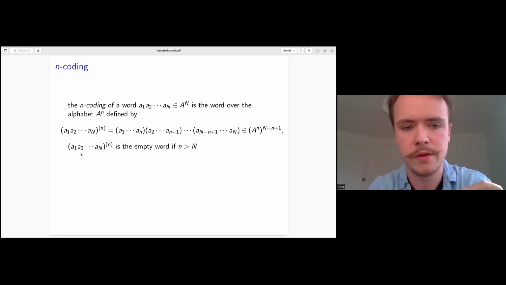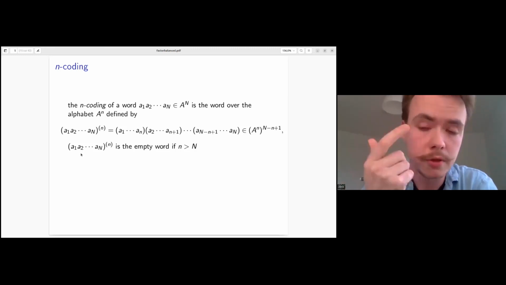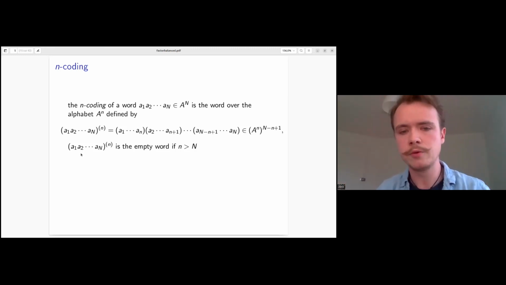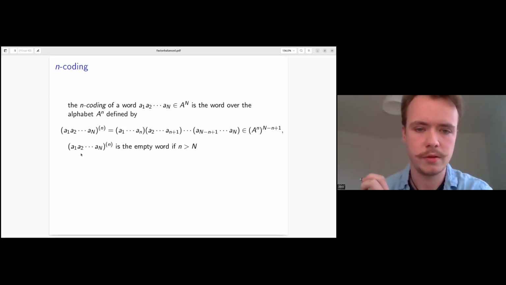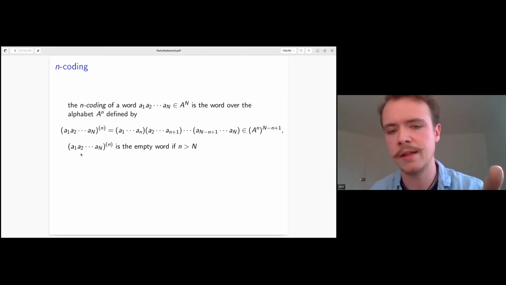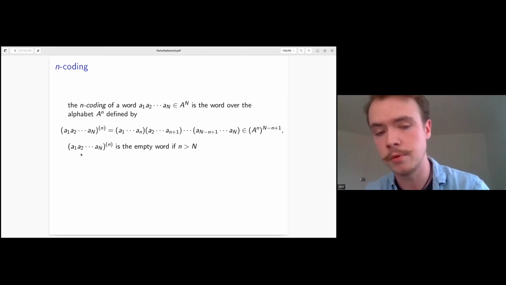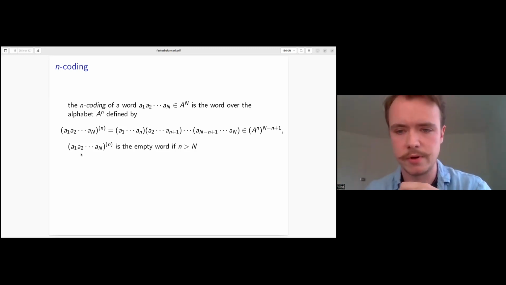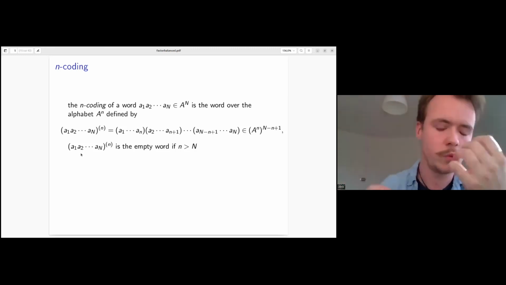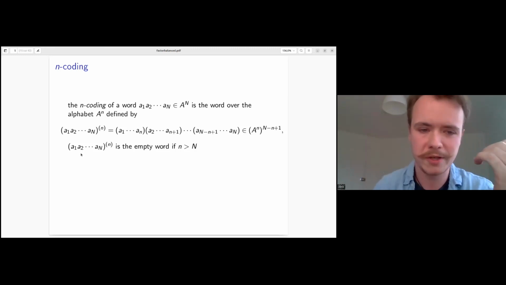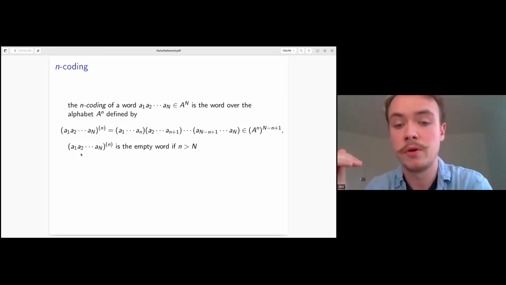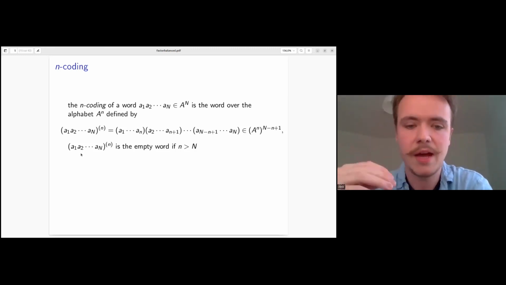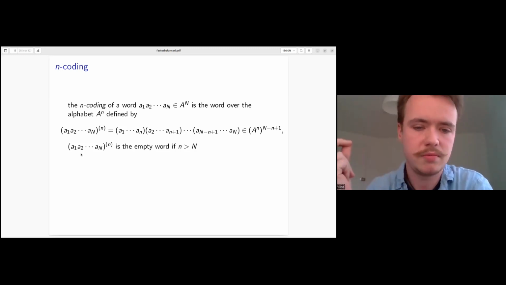The important notion to remember is that those chunks are overlapping each other. You don't take a_1 to a_n and then a_{n+1} to a_{2n}. You take a_1 to a_n and a_2 to a_{n+1}, etc. And to be more rigorous, if big N is smaller than small n, we say that the encoding of that word is the empty word.